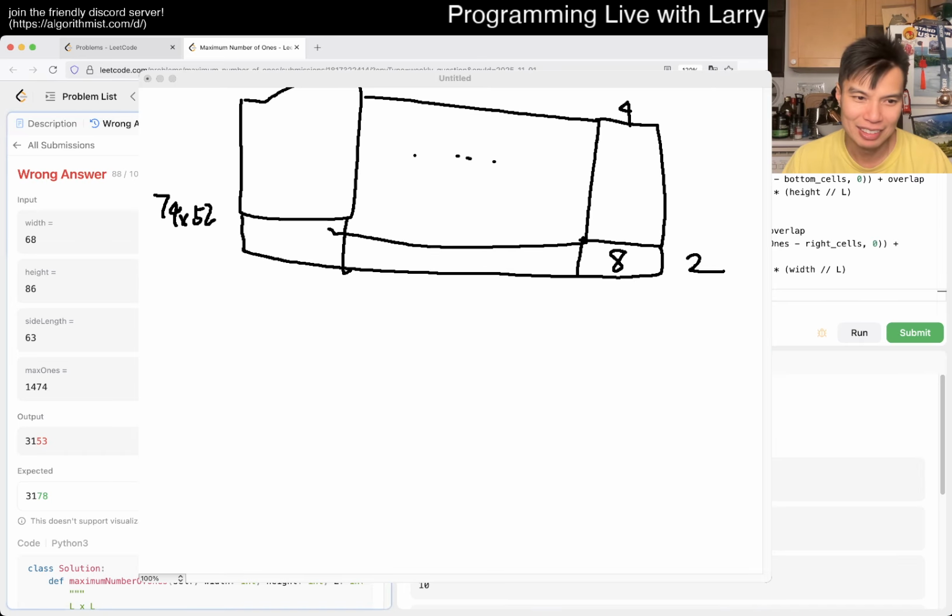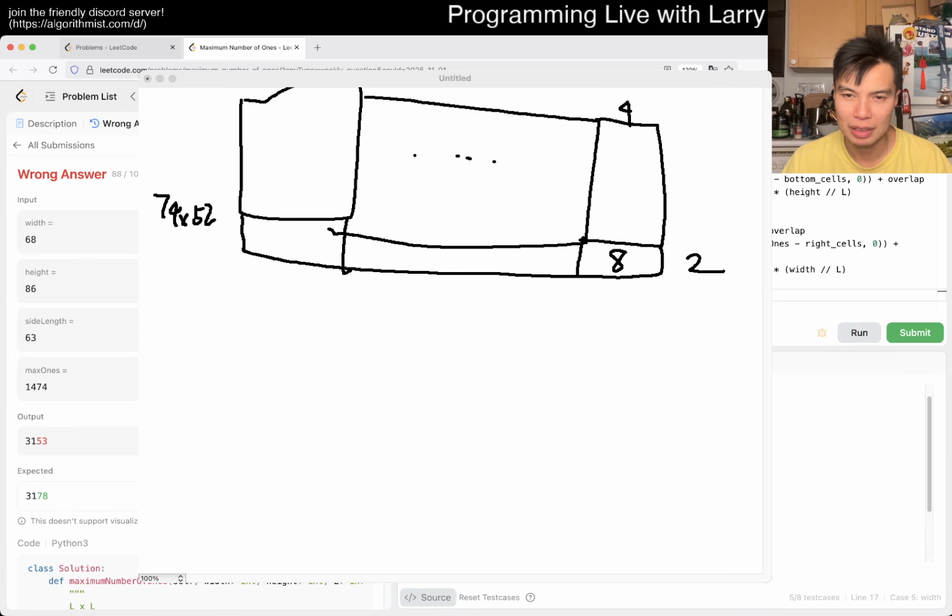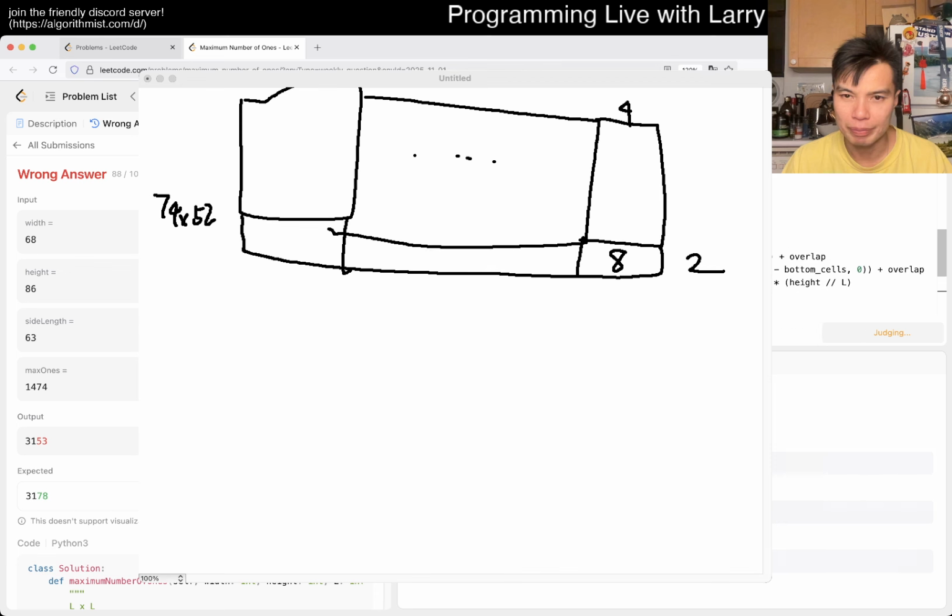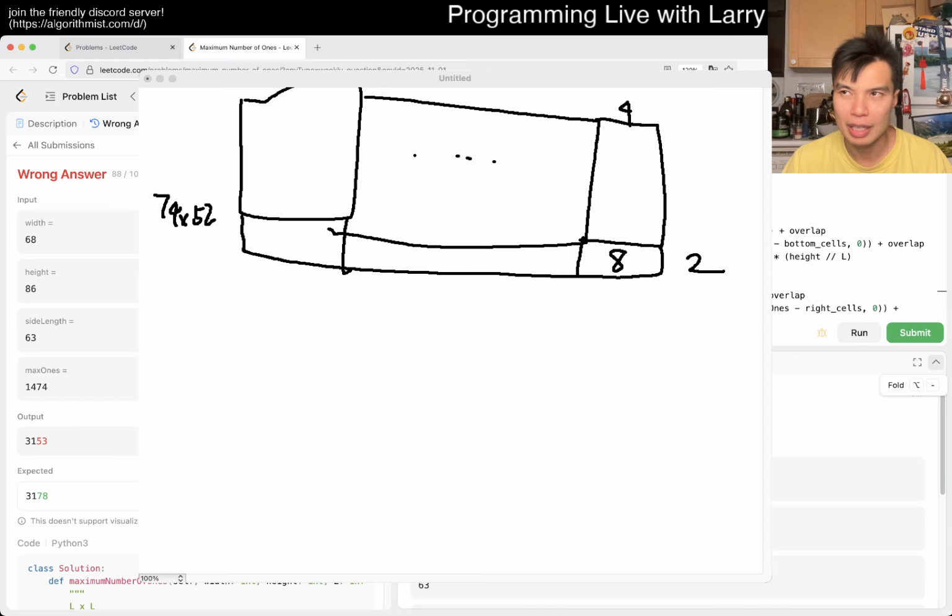Now we're undercounting. It's probably the overlap, actually. Is it? I don't know.